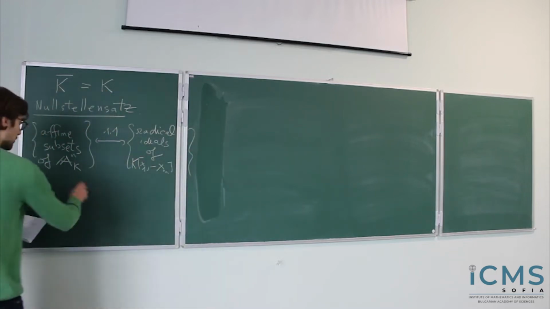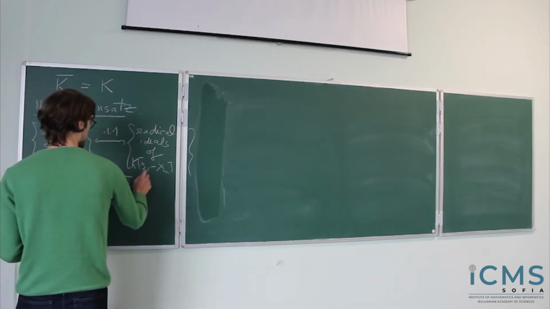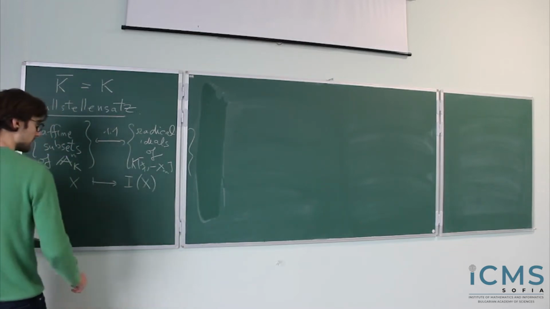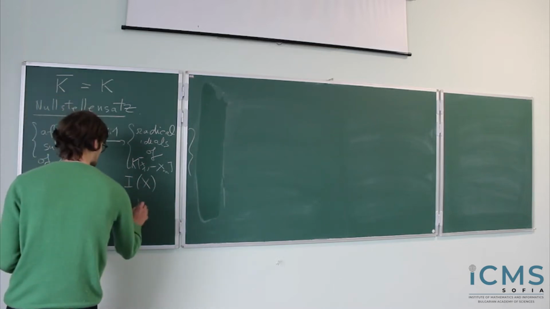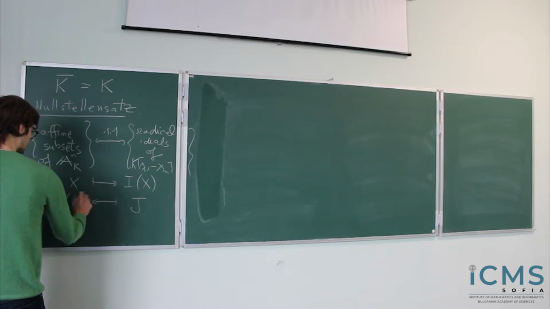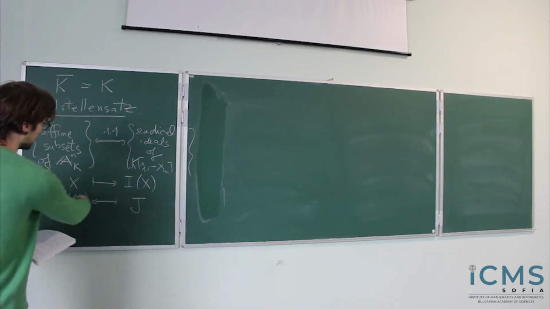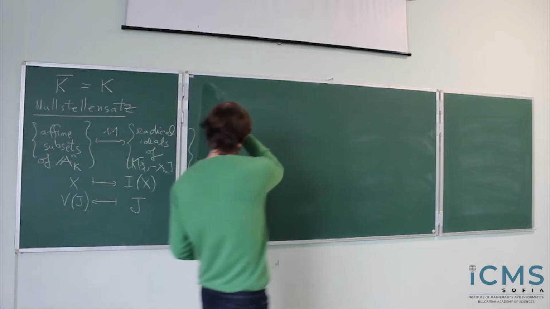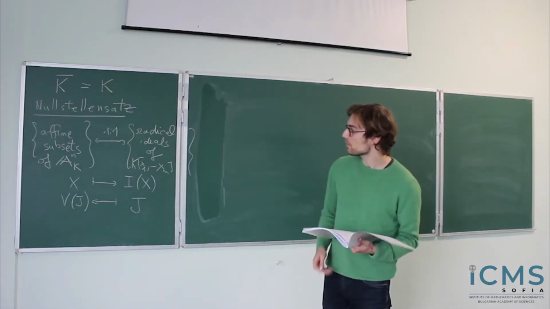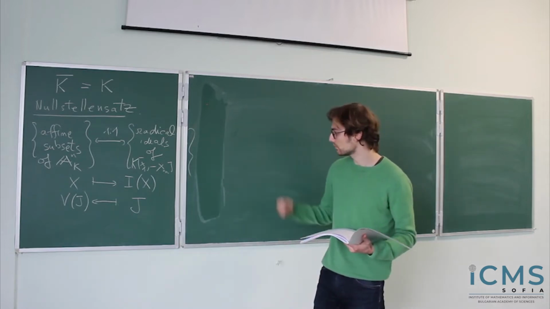Right. So here we take an affine subset to associate an ideal for this subset, and for an ideal J we associate its set of zeros, or zero locus. Let's do a little bit of comments about this correspondence.